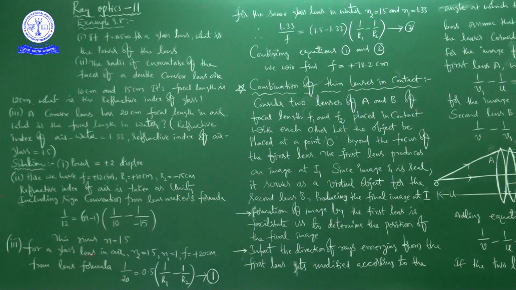Next, for a glass lens in air, based on the given values we get one equation, that is equation number 1. Similarly, we apply the same procedure for a glass lens in water, which gives us another equation. By combining equations 1 and 2, we find the focal length is equal to plus 78.2 centimeters.